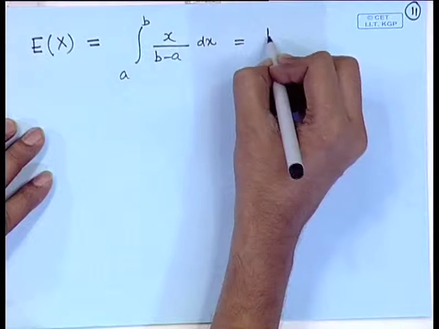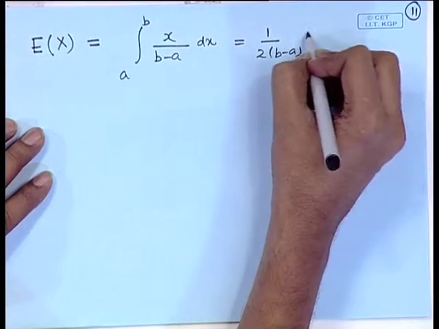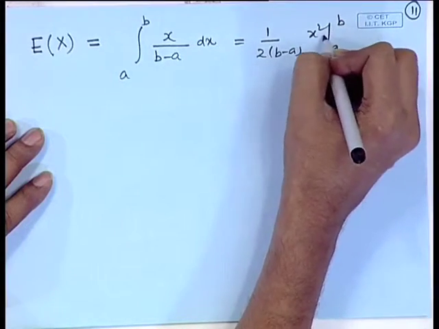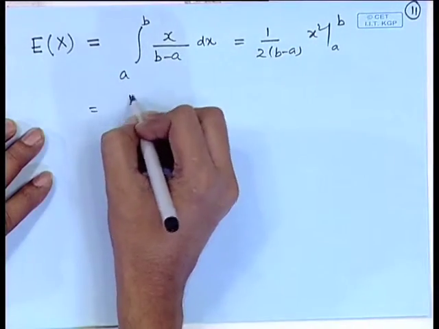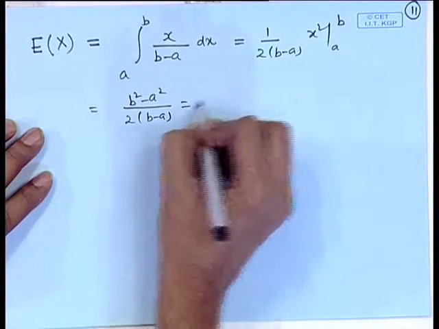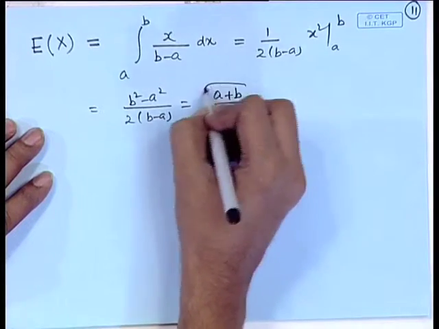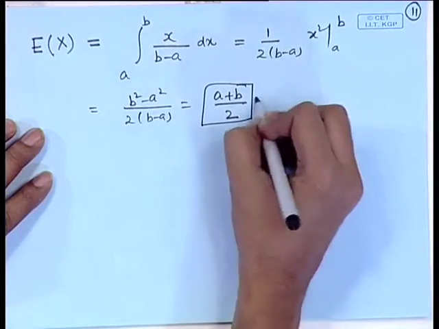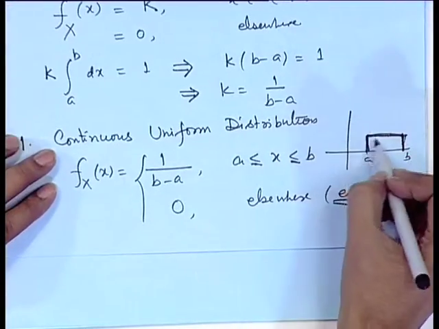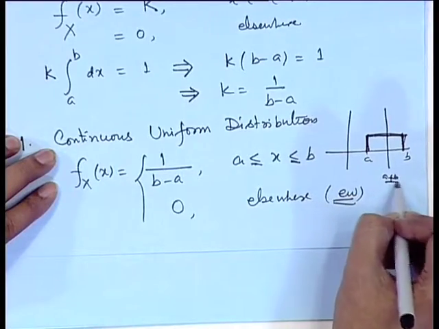So, that is half of 1 by b minus a, x square from a to b. That gives us b square minus a square divided by twice b minus a, that is equal to b plus a by 2. You can easily see that it is the midpoint of the distribution, which is understandable because the density is constant and therefore the average value must be the midpoint.